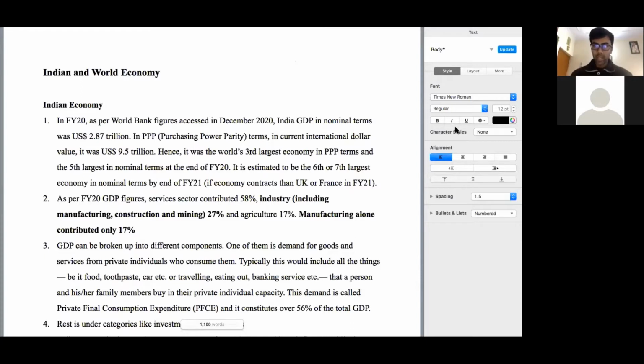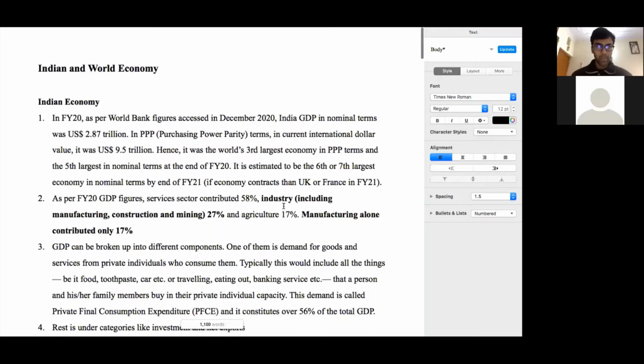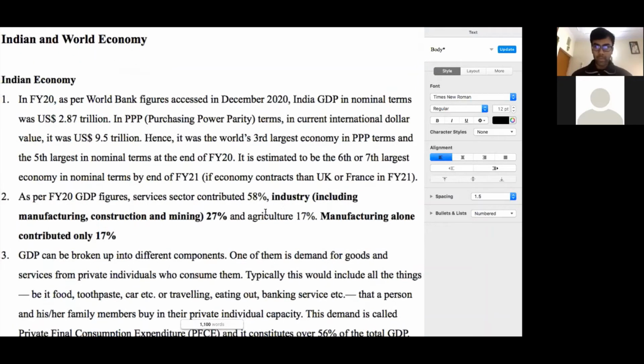Okay, yes, so I can see that. Okay, are others also able to clearly view this screen and this particular document? Okay.